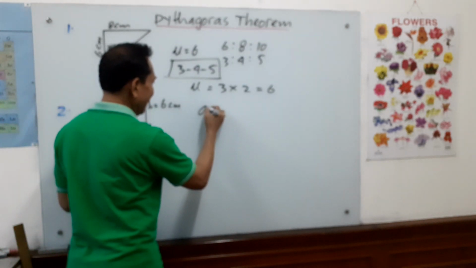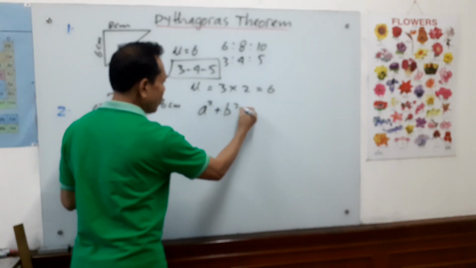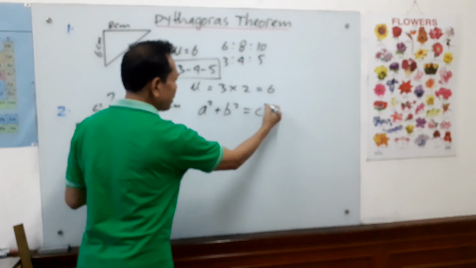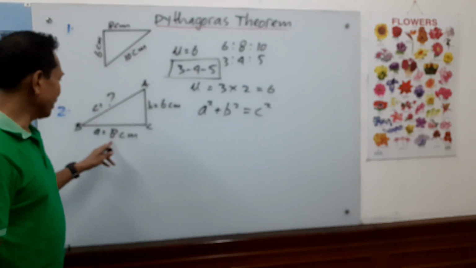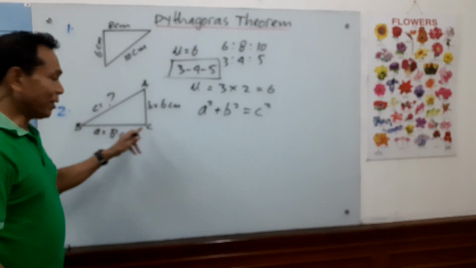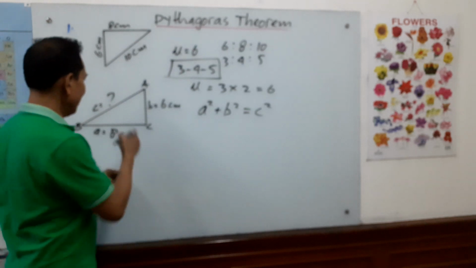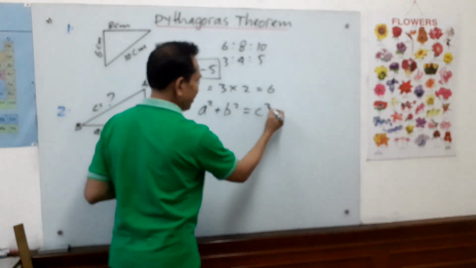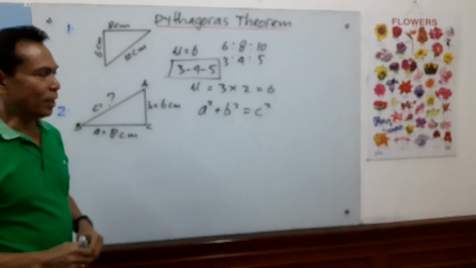So A square plus B square equals C square. A square, which is this one here, the base side, plus this one, the vertical one, is for the hypotenuse. So A square plus B square equals C square.